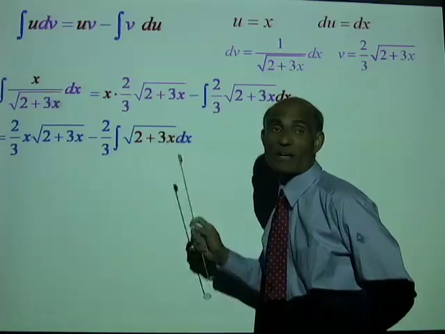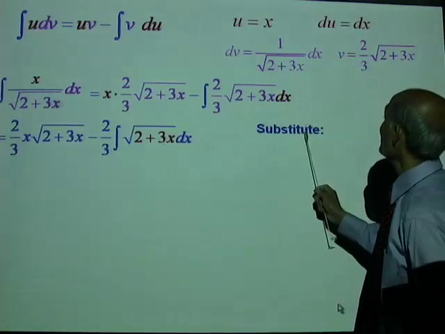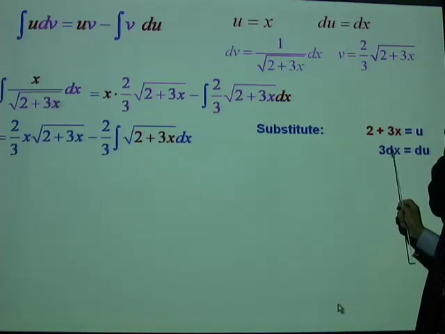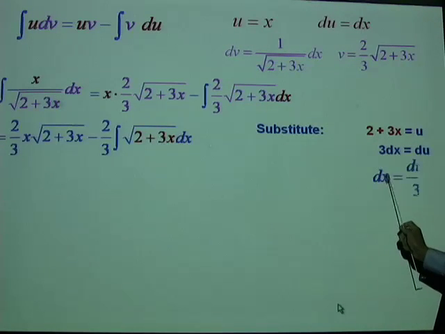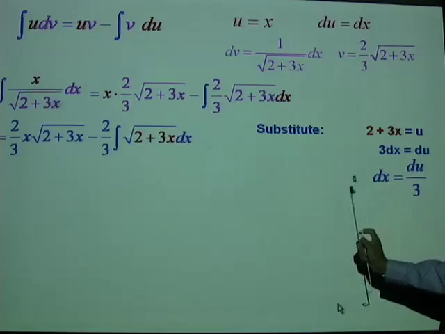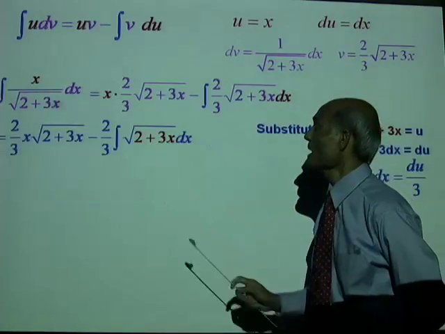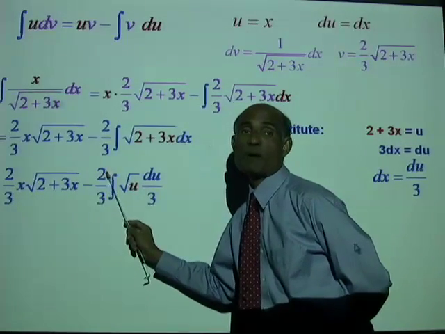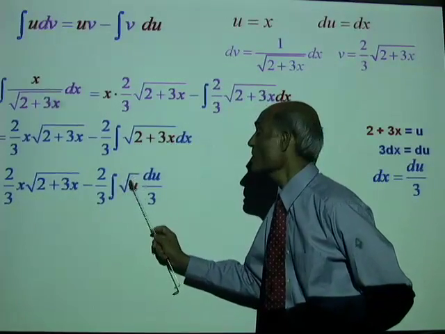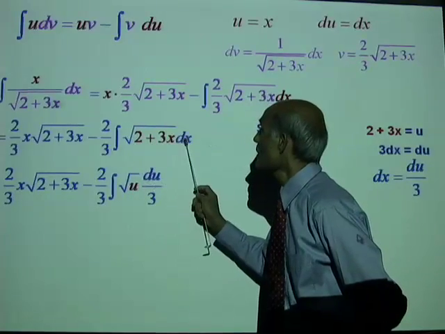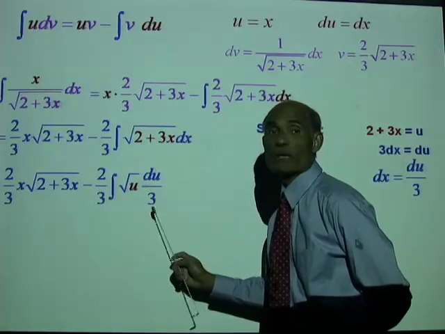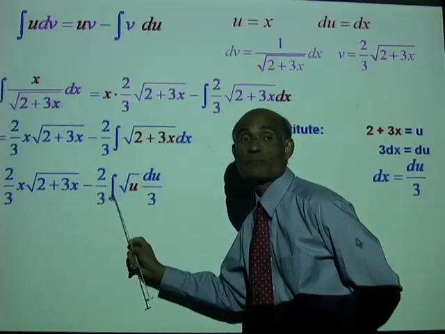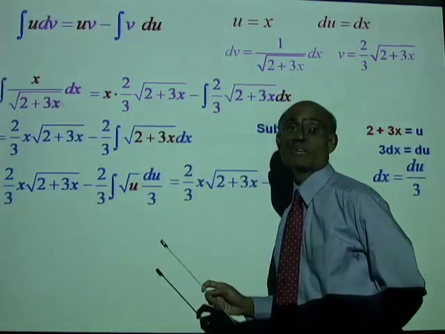I have given it away by coloring it. So substitute 2 plus 3x equal to u. That gives you 3 dx equal to du, or dx is du over 3. Bring it over there. That will be the same thing, u times v minus 2/3 integral square root u, dx is du over 3. And now this 3 comes out to make that 2 over 9 square root u du.